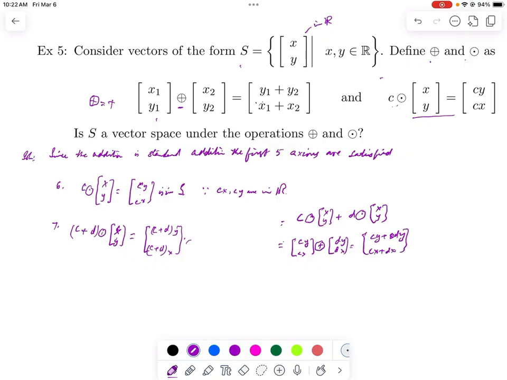And we are getting the same thing, because we can either distribute or factor out the y, since this also gives us cy plus dy and cx plus dx. So yes, this is satisfied. 8 is c into dV, for c, d and xy.